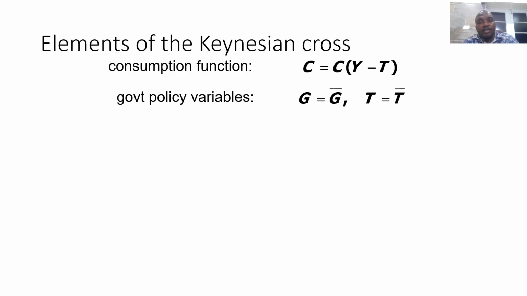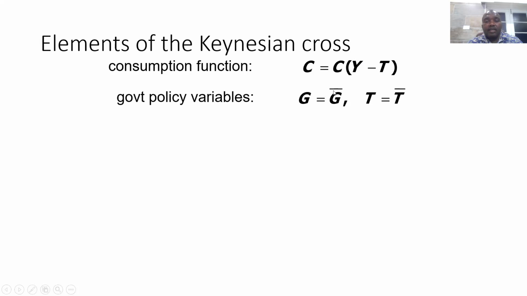Consumption expenditure is implicitly defined as a function of disposable income, where the C on the left-hand side is the dependent variable, household consumption expenditure, and the C on the right-hand side is just like writing "function of." It's the implicit definition of consumption: consumption is a function of disposable income, Y minus T, where Y is the real level of GDP and T is the level of taxation.